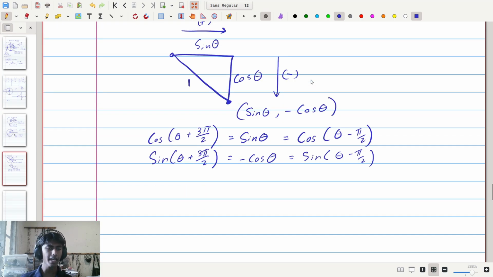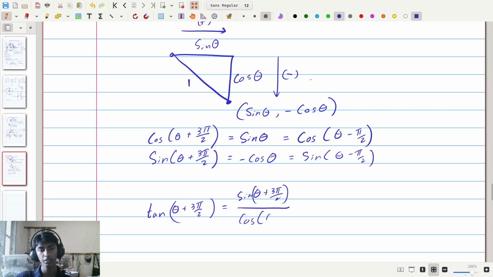Now if we consider tan theta in this situation, I'm actually going to take a little bit of effort to write it out because it's a little counterintuitive. Tan of theta plus 3 pi by 2 is equal to sine of theta plus 3 pi by 2 divided by cos of theta plus 3 pi by 2.